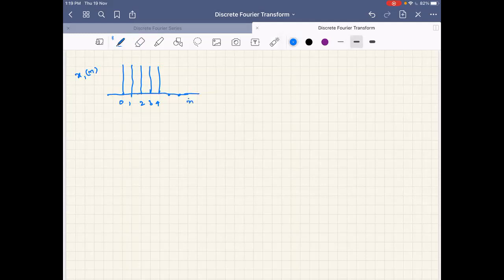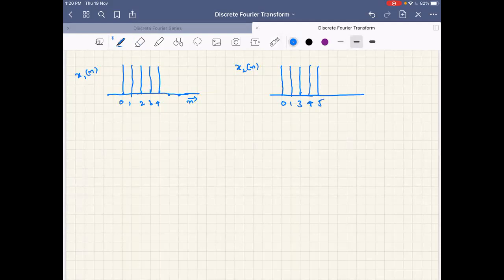This is the sequence here. Similarly, assume that x2 of n is also an n-point sequence. For simplicity, let us take this, because we can easily write what will happen in convolution without computing.